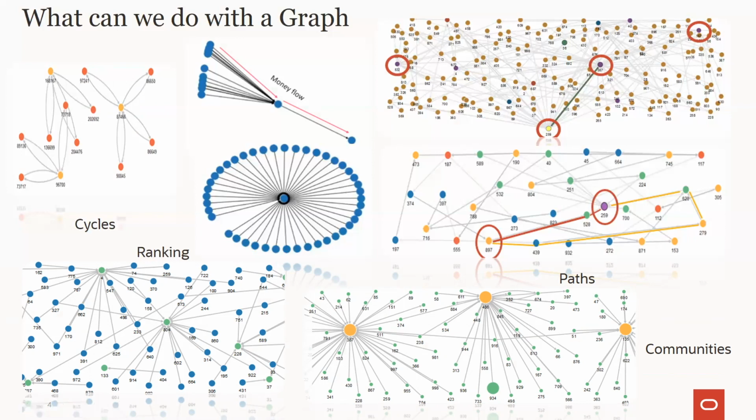Now, there are two areas in which a cycle can help an organization. One is on the positive side and one is on the negative side. The positive side is, let's take the example of a financial bank.